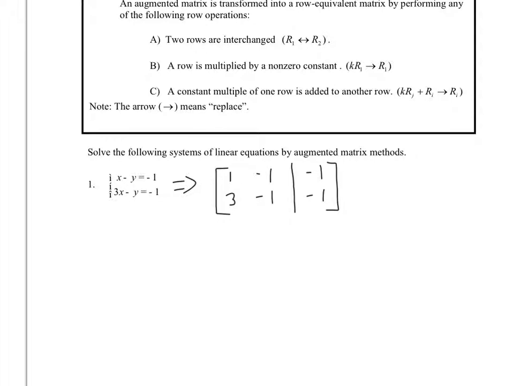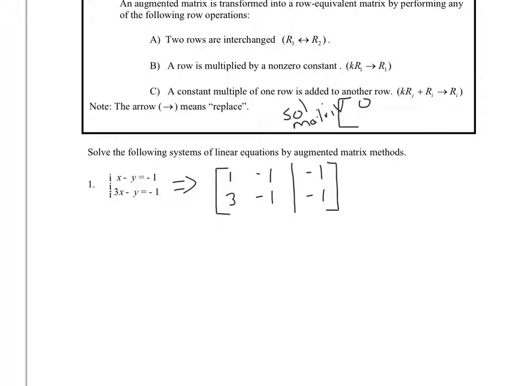Now what I'm trying to do is reach a point where my final matrix, what I'm looking for in a solution, my solution matrix, should have a 1 for the first entry.